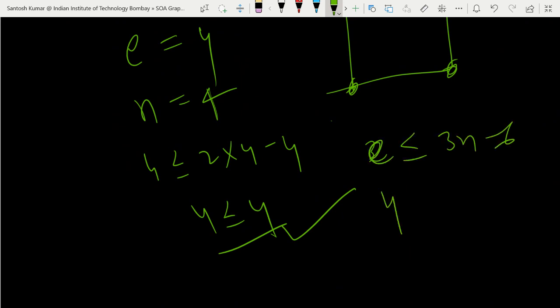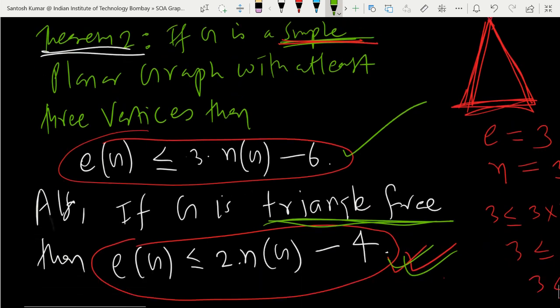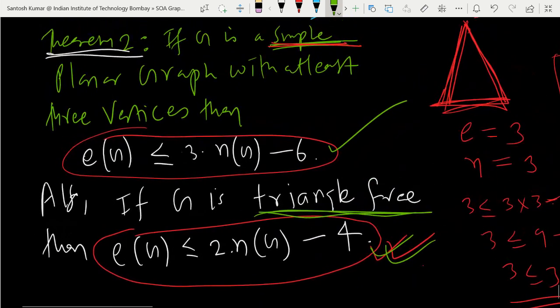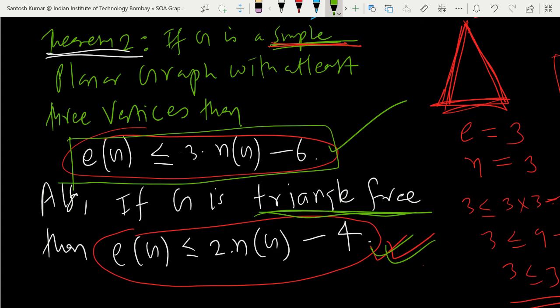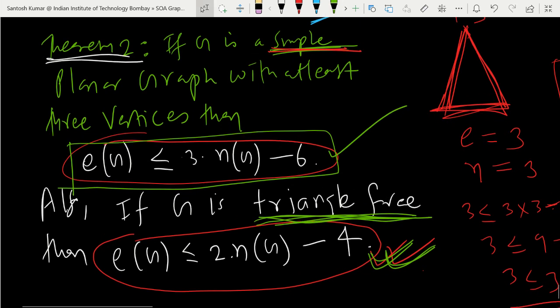So 4 is less than or equal to 12 minus 6. So what are we checking? The upper one will hold for every simple planar graph with at least 3 vertices, and the lower one is the restriction. So only if it is triangle free will this inequality hold.